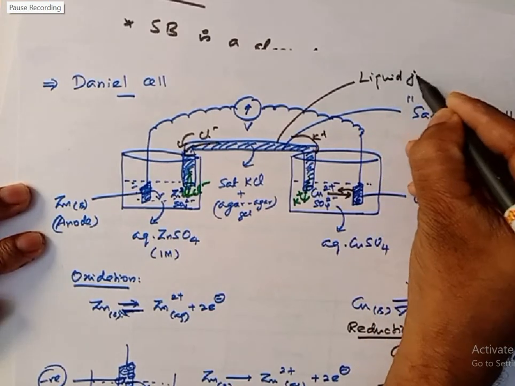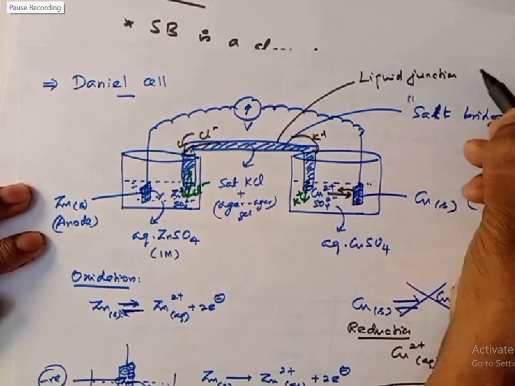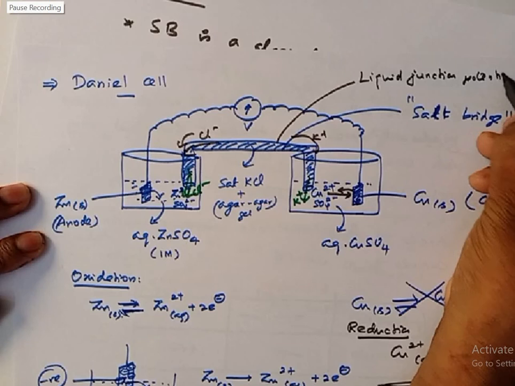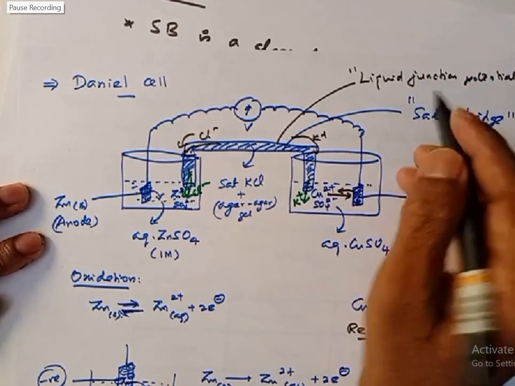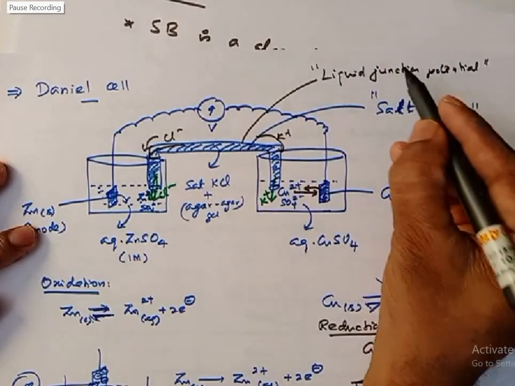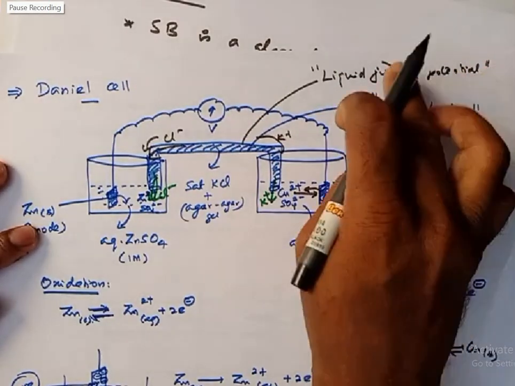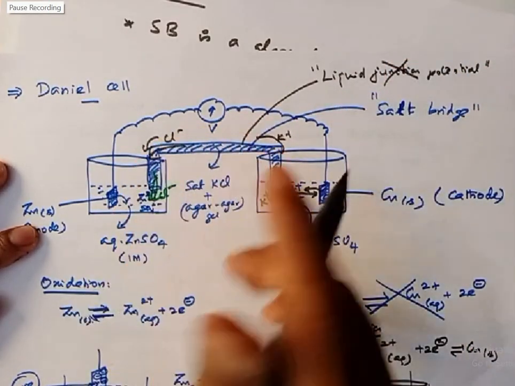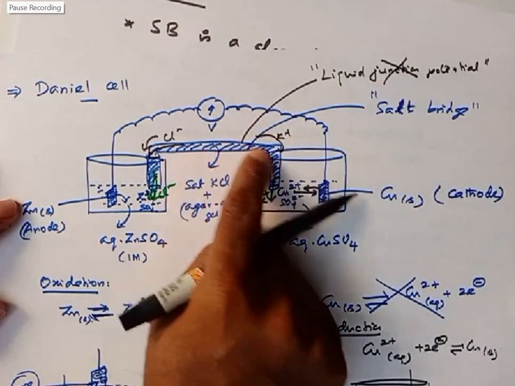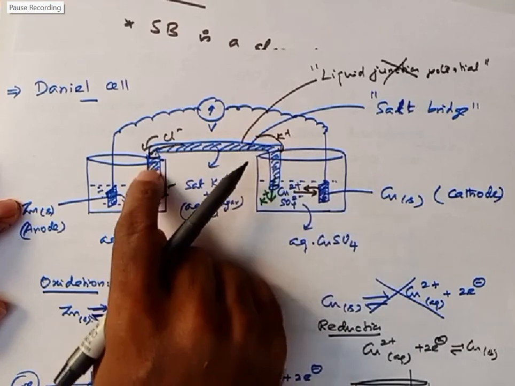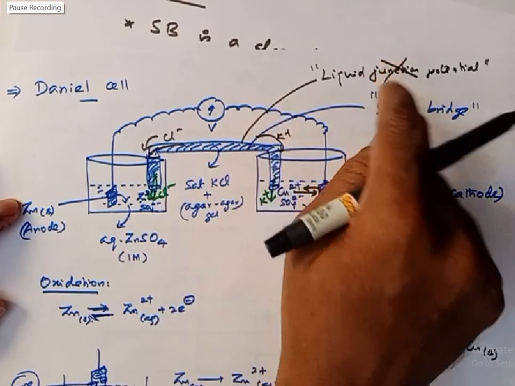This potential will also appear with the cell potential, but we don't want this. We don't want liquid junction potential. To eliminate liquid junction potential, we use what is called salt bridge. How we eliminate? Because the ions move with same mobility in the opposite direction. Therefore, the liquid junction potential becomes zero.